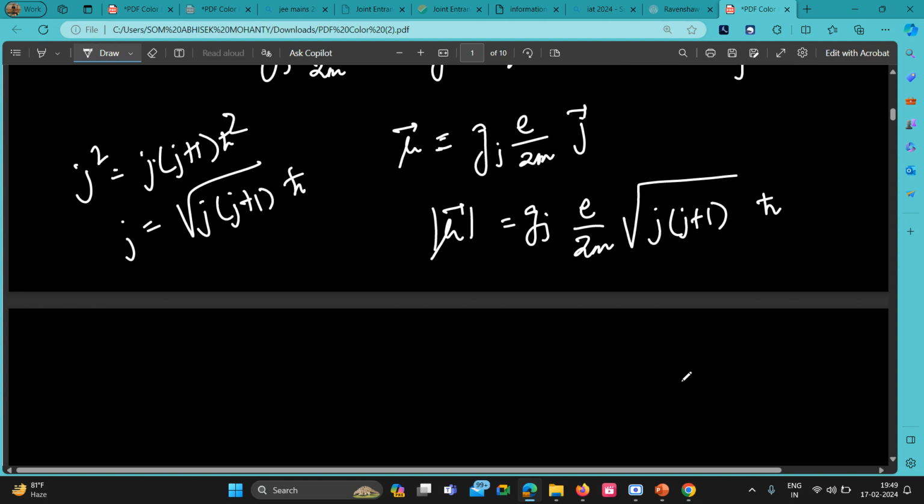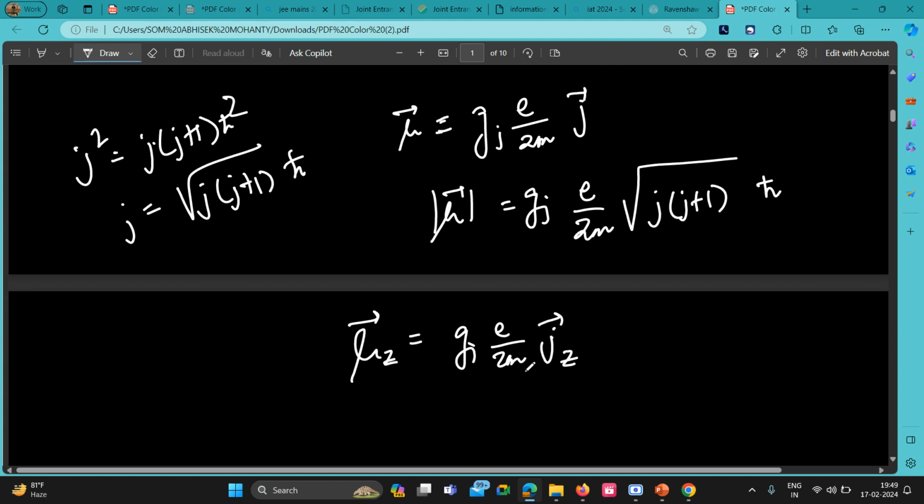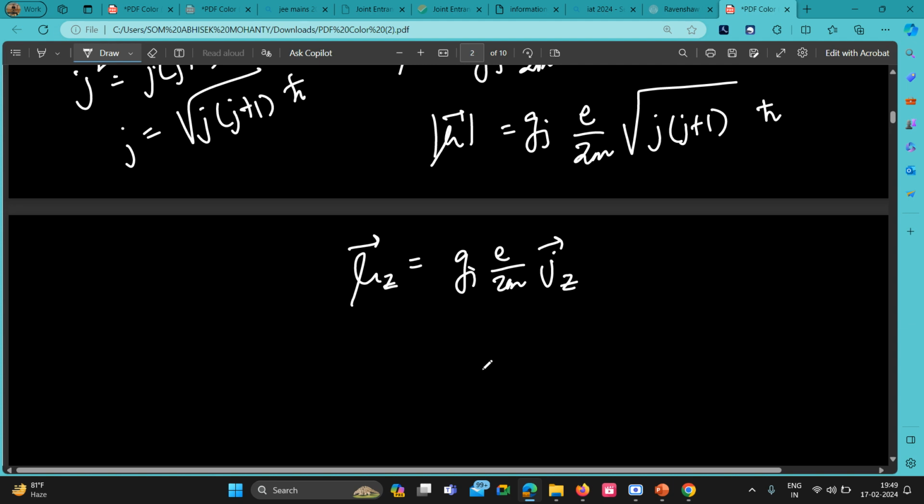Here we know it is mu z. Mu z will be Gj e by 2m, and the J orientation will also be along the z direction, same as mu. And Jz I can write as MJ h cut.